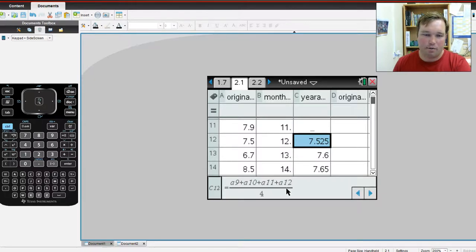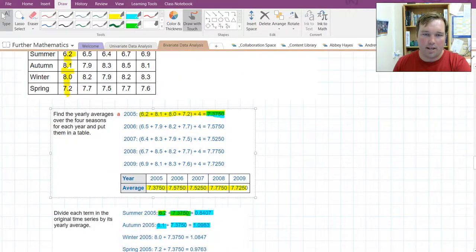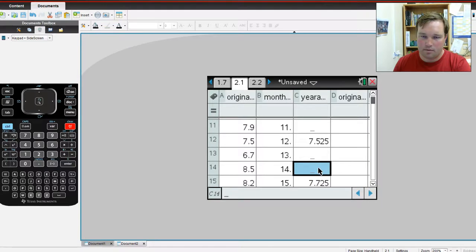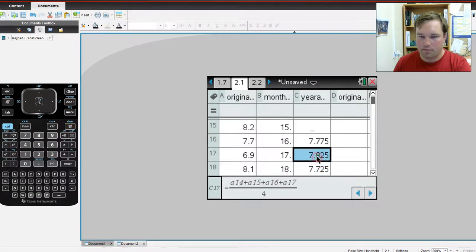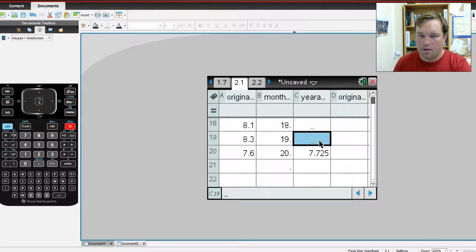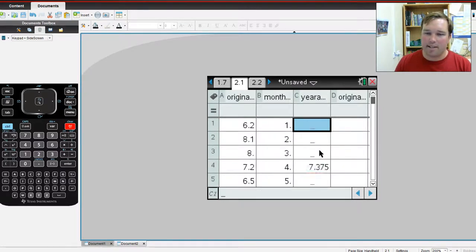So 7.525, go to here, there's the 7.525 for year 3. And we keep going down. Alright, and there we have our yearly averages. And then on to the next step.